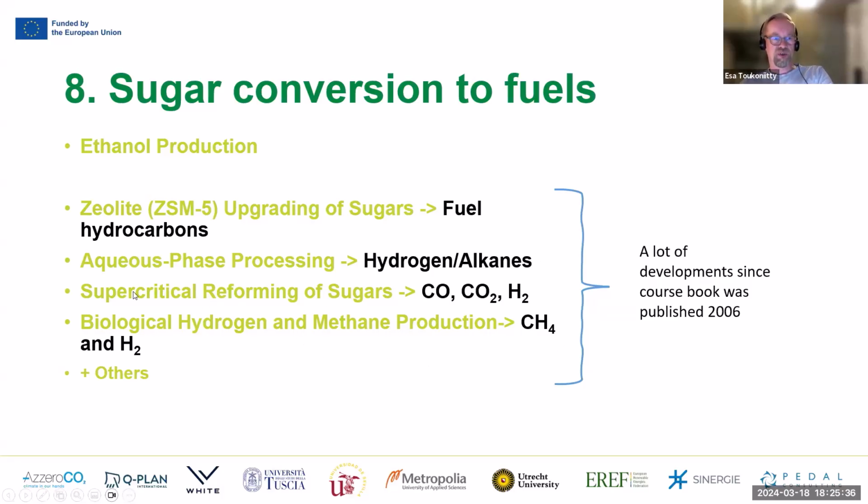The sugars can also be reformed or treated under supercritical conditions, which is also explained in the course textbook. Depending on the temperature and the conditions, you can tune the mixture of products, but you might end up with carbon monoxide, carbon dioxide, and perhaps hydrogen.